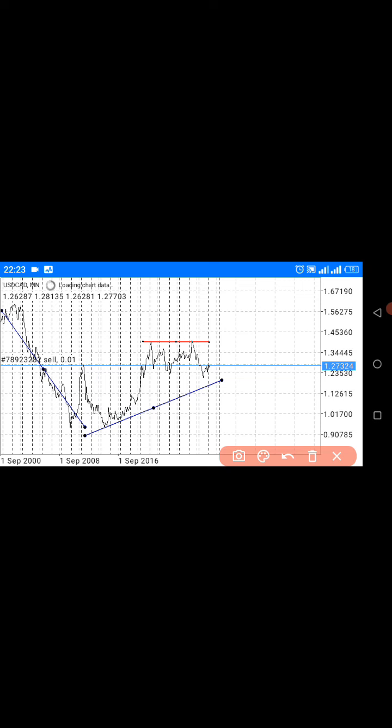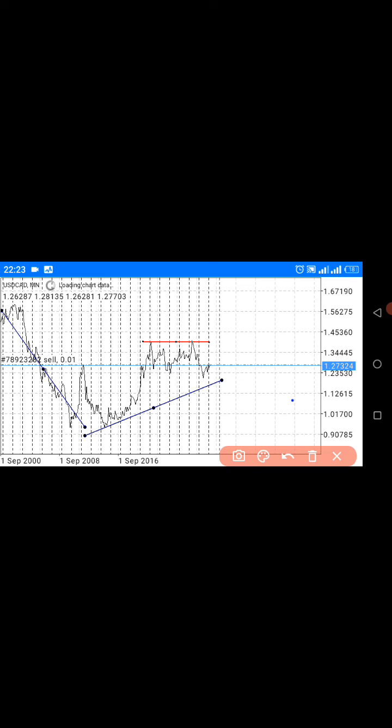So this is exactly what we have. So it is really a valid one. It's one that we can trade because it is within the structure of the corrective movement.